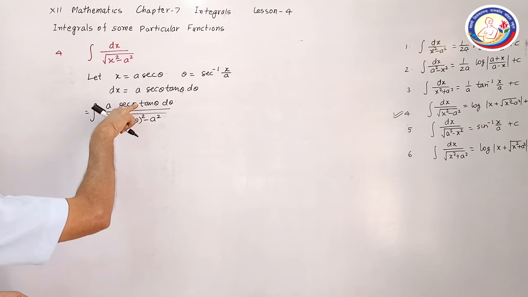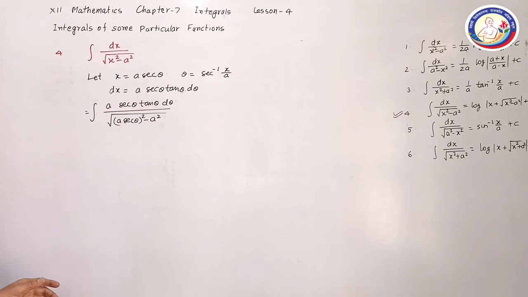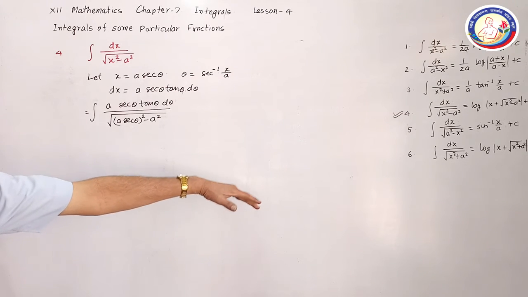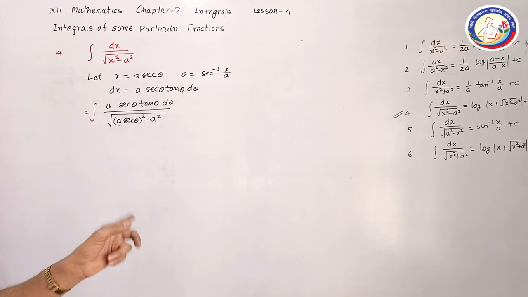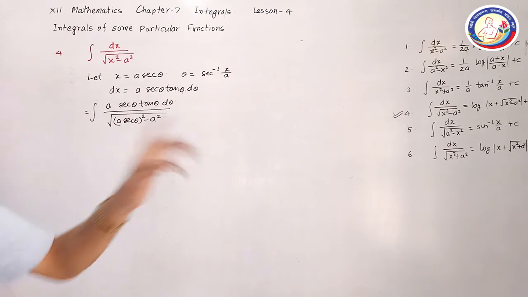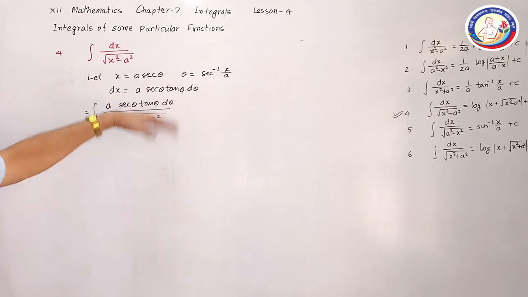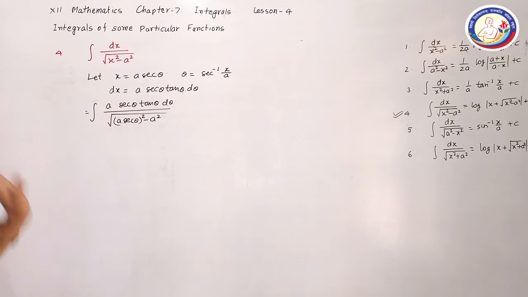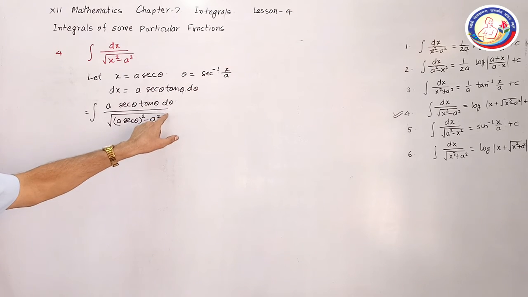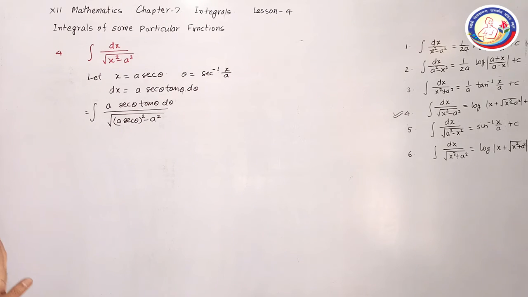The procedure will be easier if we take sec theta. We have seen in the previous example, if we choose sin theta, then we have plus sign and sin inverse x by a, and if we choose cos theta, then sin inverse x by a. So it makes no difference, but the result will be easier using this substitution.